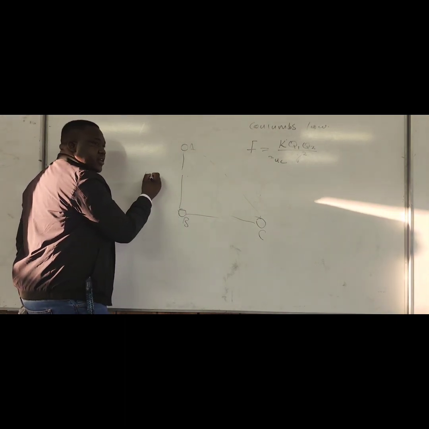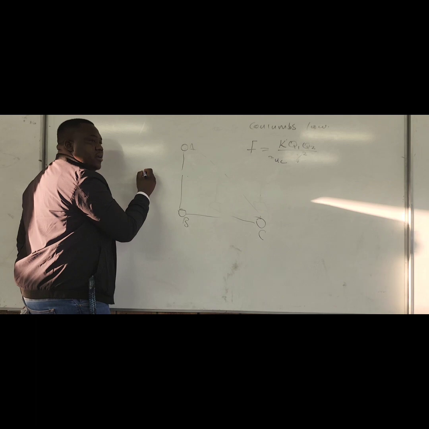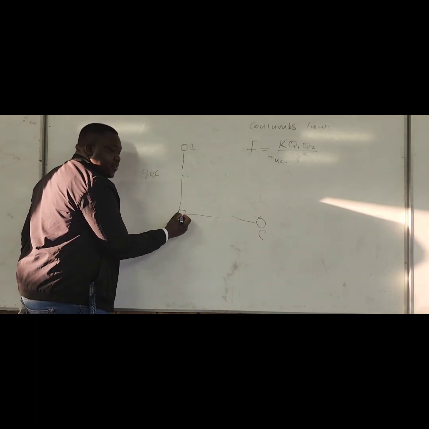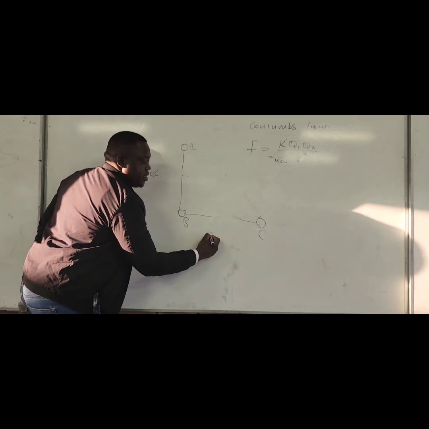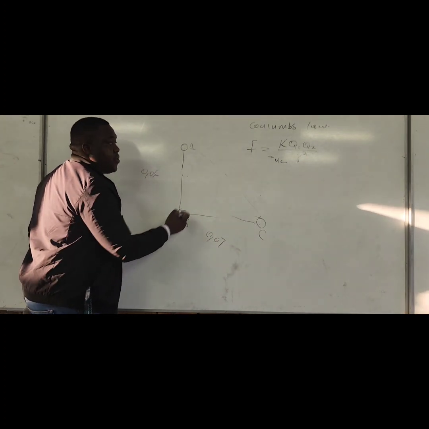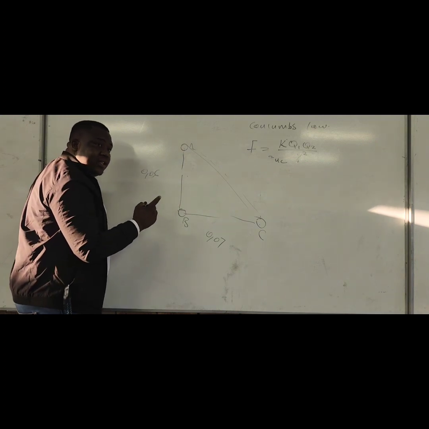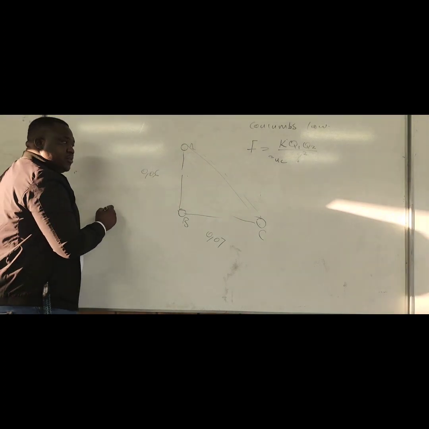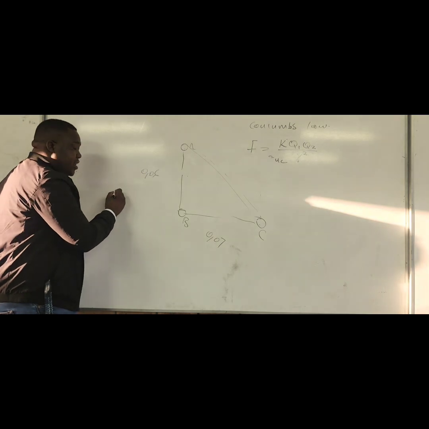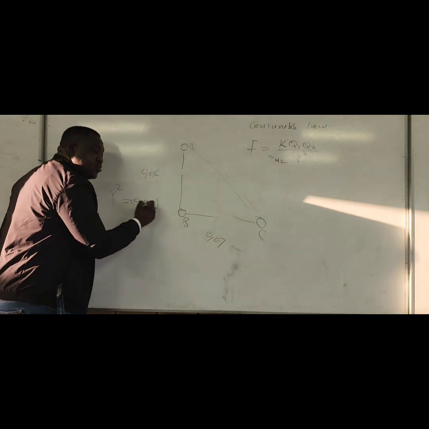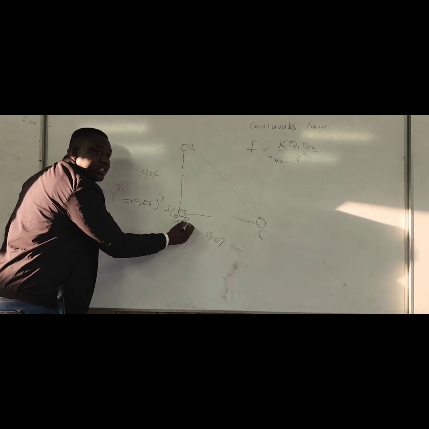You calculate the electrostatic force between these two. Let's say you get 0.06. Then you calculate the electrostatic force between 1 and 2, and you get 0.07. If you want to get the resultant, you use Pythagoras theorem. It means the resultant squared equals 0.06 squared plus 0.07 squared.